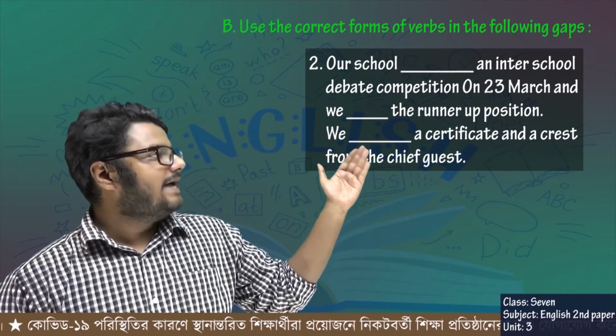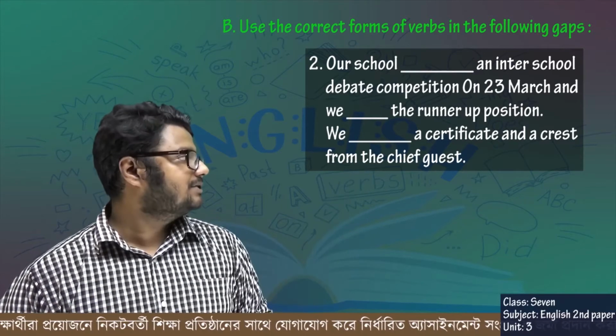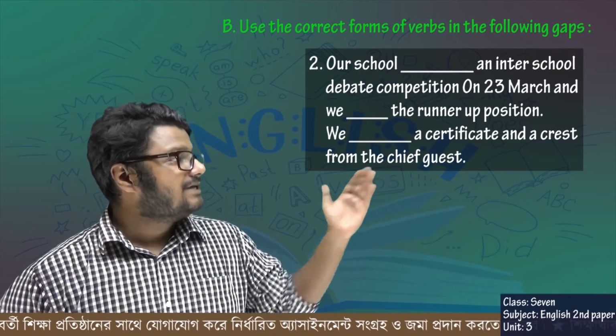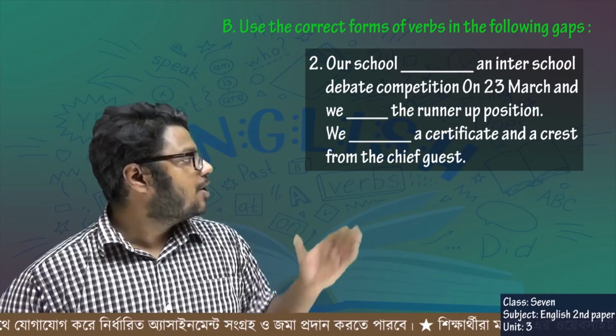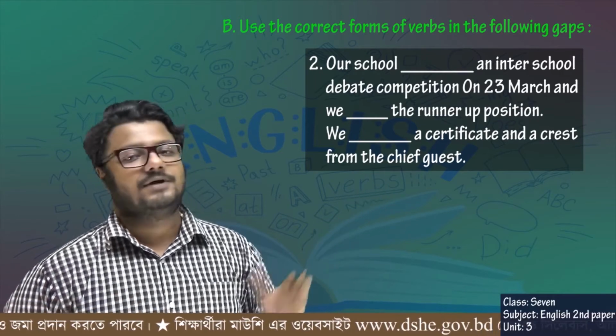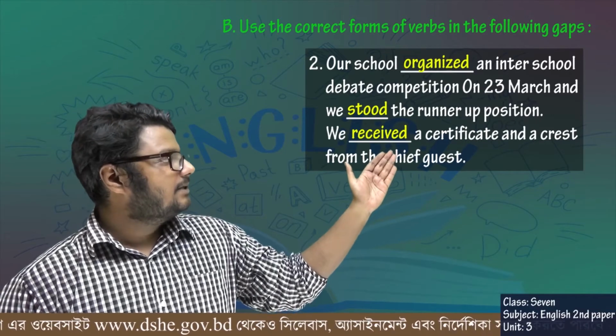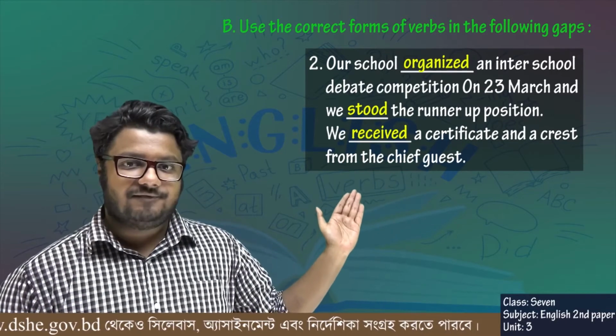Our school ___ an inter-school debate competition on 23 March, and we ___ the runner-up position. We ___ a certificate and a crest from the chief guest. The answers will be organized, stood, received.